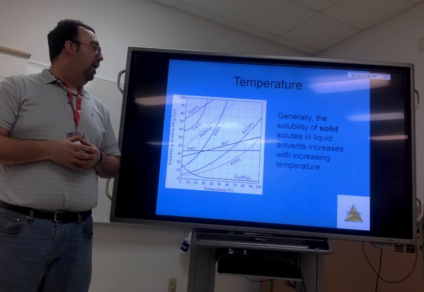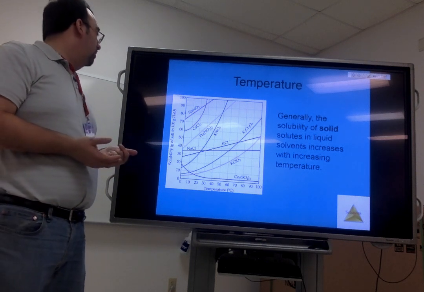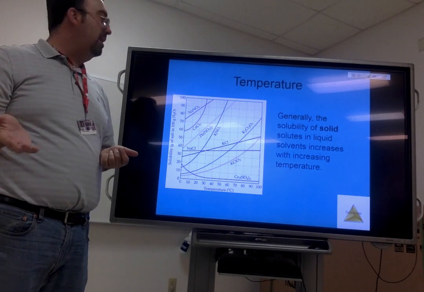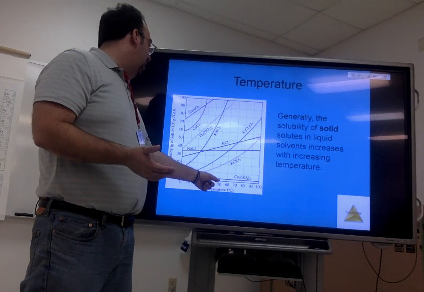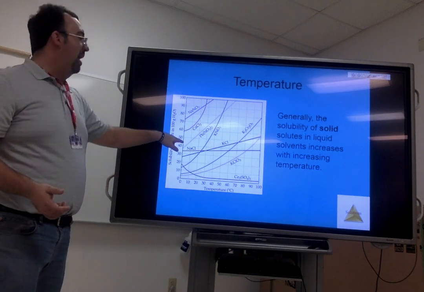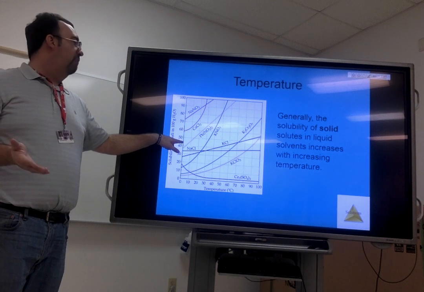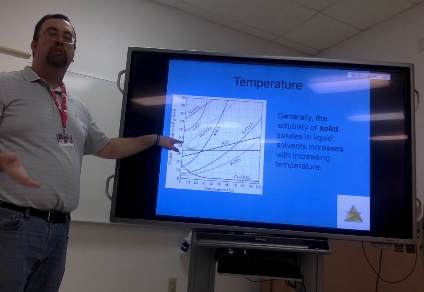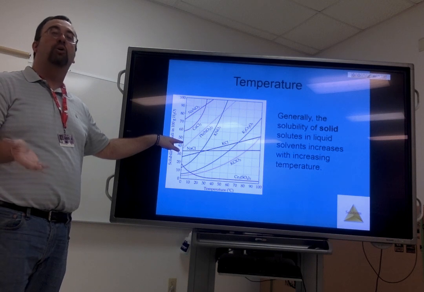For example, for potassium chloride at 50 degrees Celsius, roughly 42 grams of potassium chloride will dissolve in 100 grams of water.